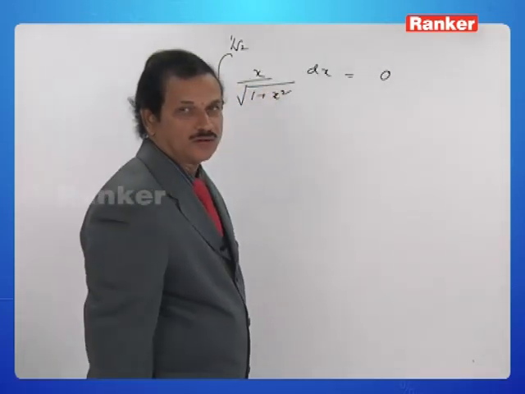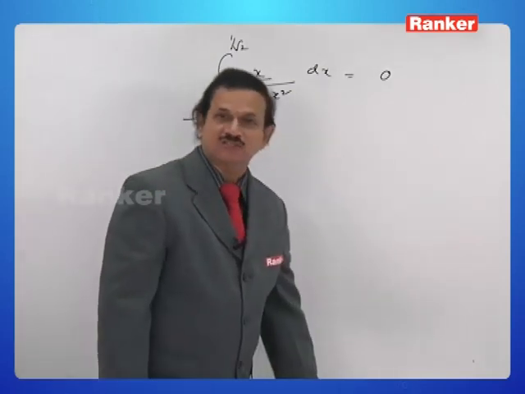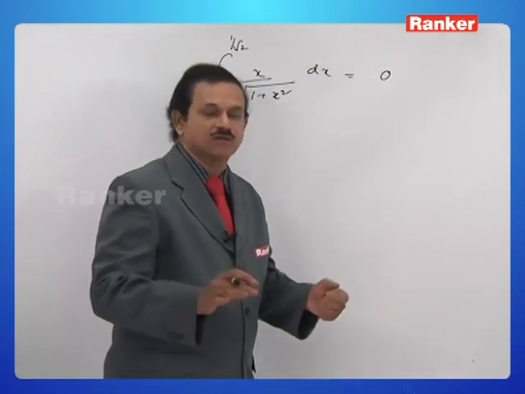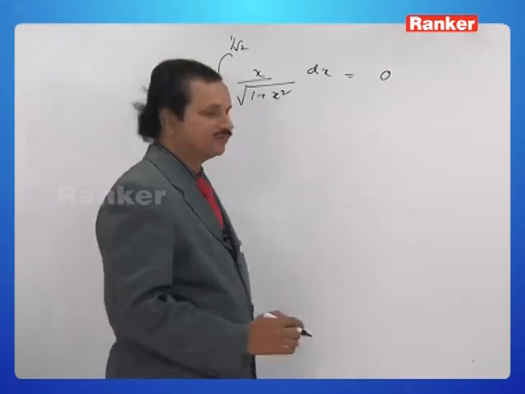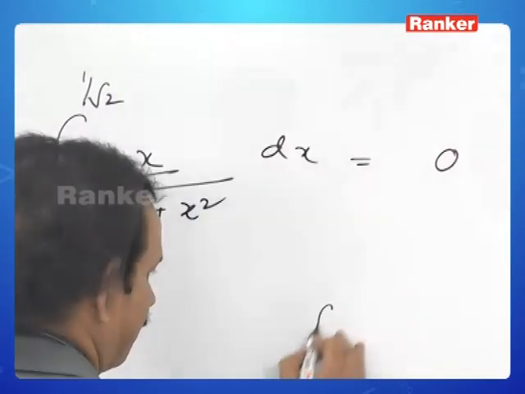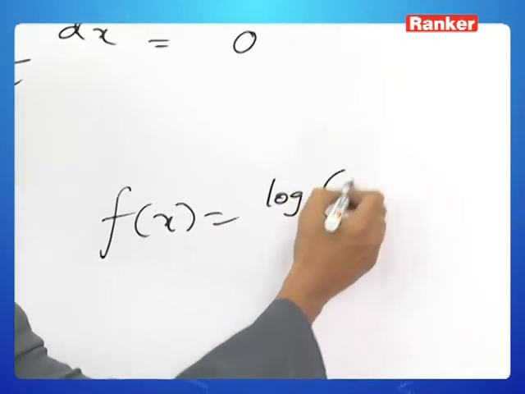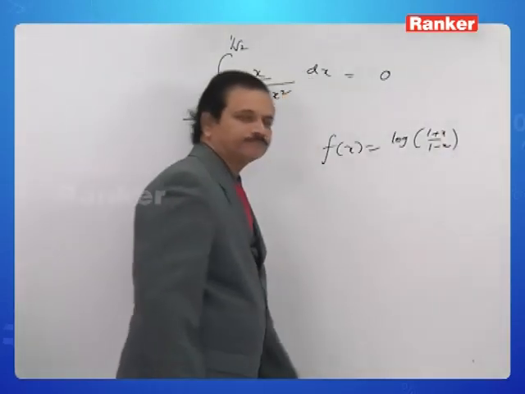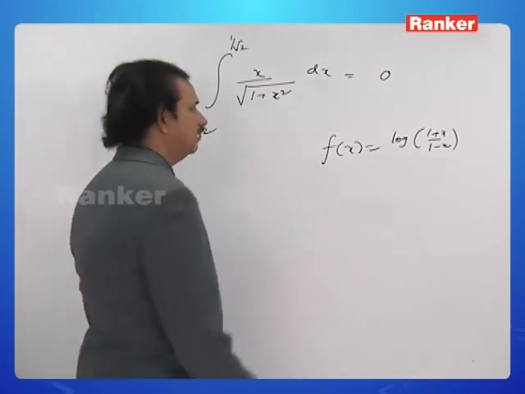It is surely 0. To use this formula, it is necessary for us to collect some odd functions and even functions. Suppose I write f of x is equal to log of (1 plus x) by (1 minus x). Is it even or odd? Let us see.